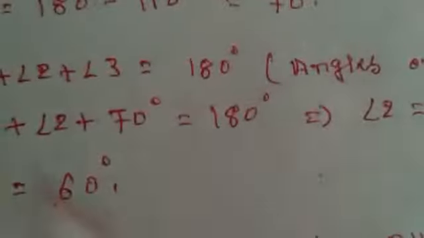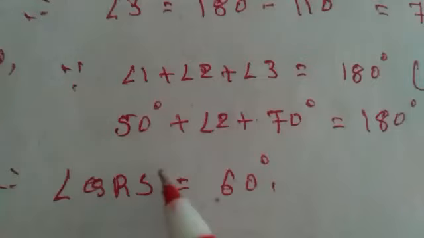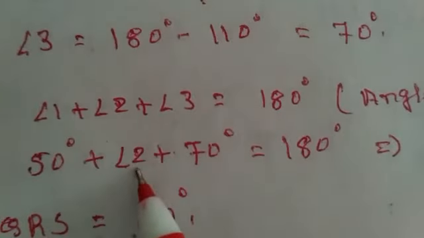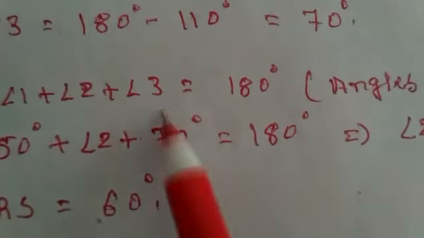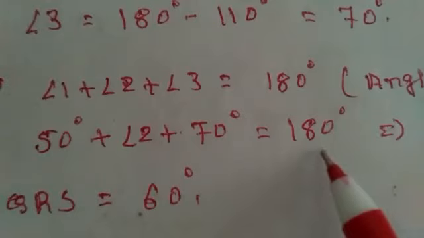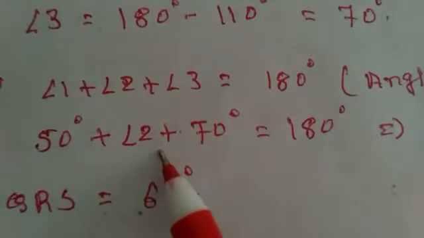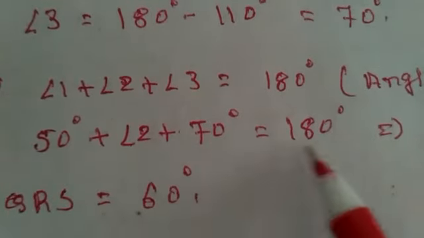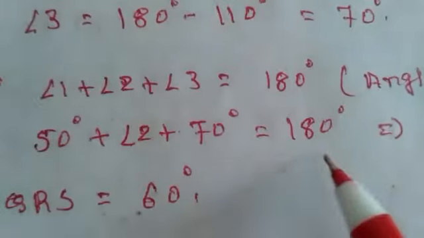We have the value of angle 1 as 50 degrees, the value of angle 2 is not known, and the value of angle 3 is 70 degrees. So 50 plus angle 2 plus 70 degrees equals 180 degrees.